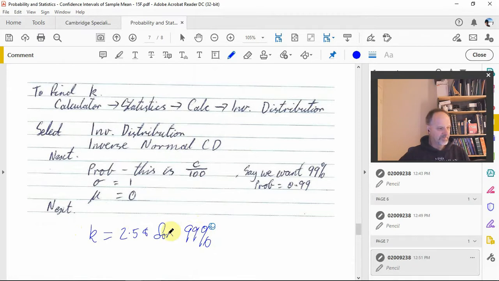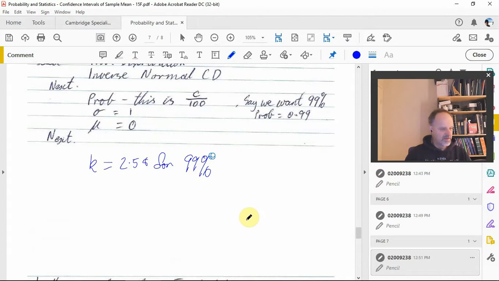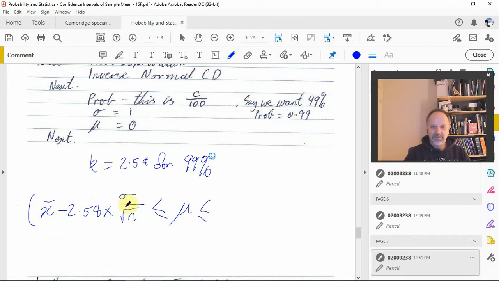All right, and so the confidence interval would then be between x bar minus 2.58 times the standard deviation over the square root of the sample size, and the mean plus that number, and that's our margin of error, of course: 2.58 times sigma over root n.